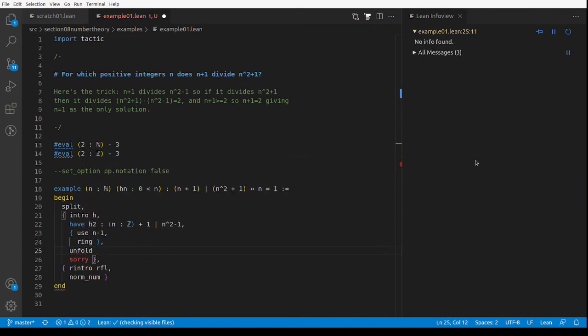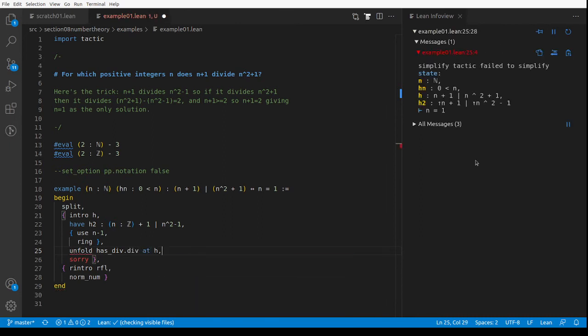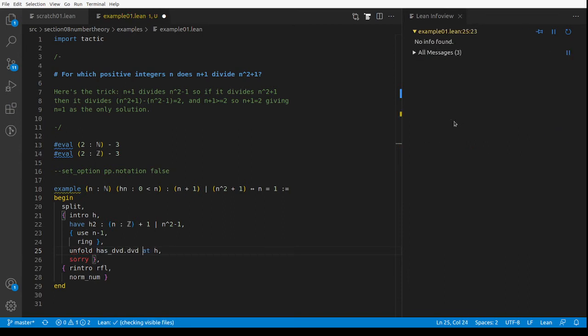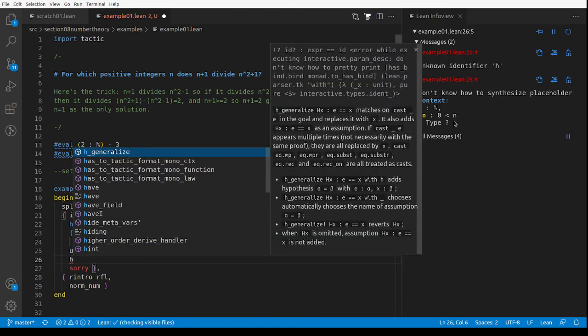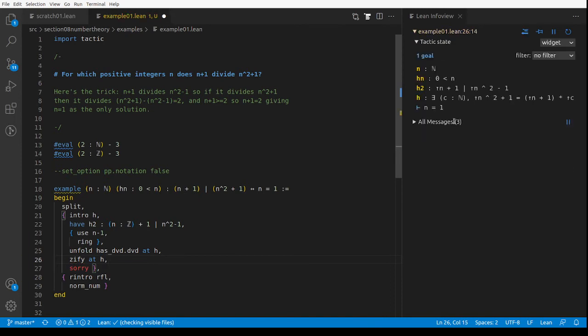I'm just going to play with this. Unfold has div dot div at h. It's has divide dot divide, isn't it? And now can I do zify at h? Right. Now the zify has worked, and now I can re-unfold it. Aha.